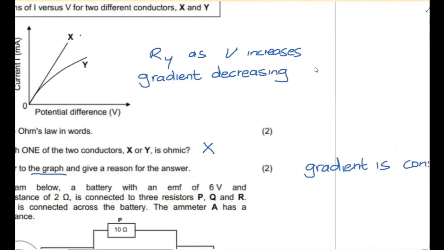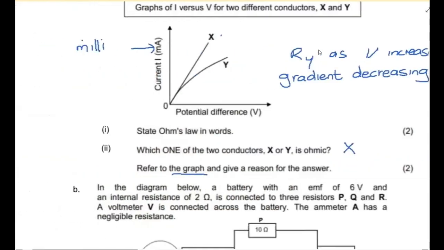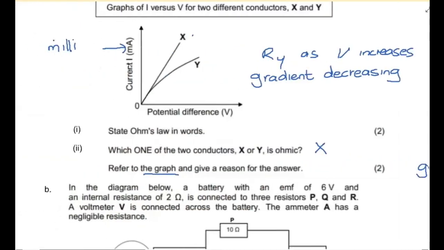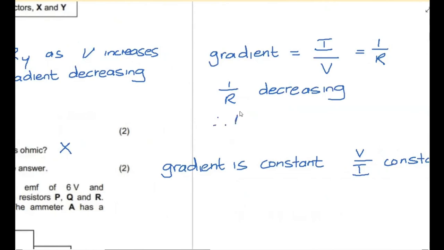If I look at this graph, the gradient is in fact I over V. And therefore, unfortunately, in this example, this gradient is 1 over R. So if 1 over R is decreasing, can you see that therefore R must be increasing?